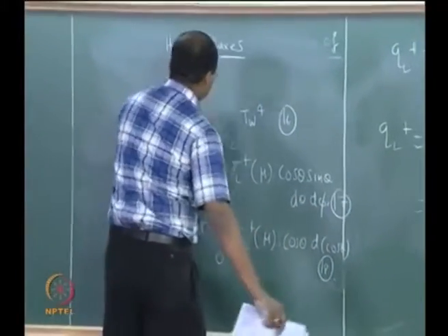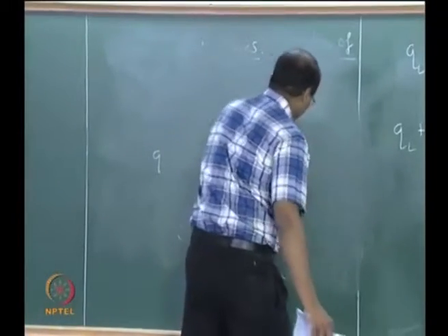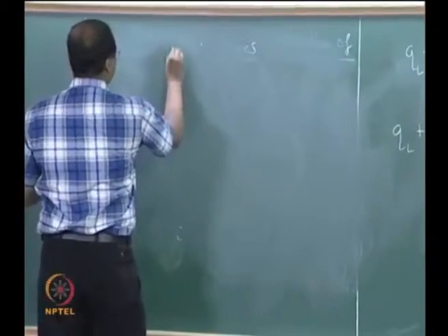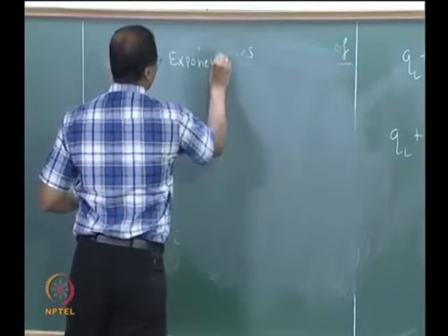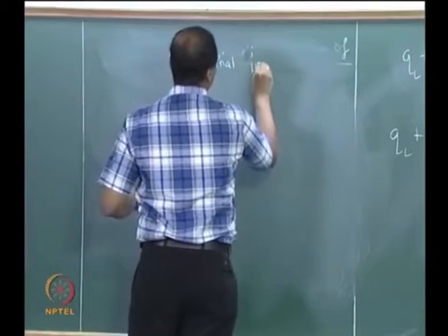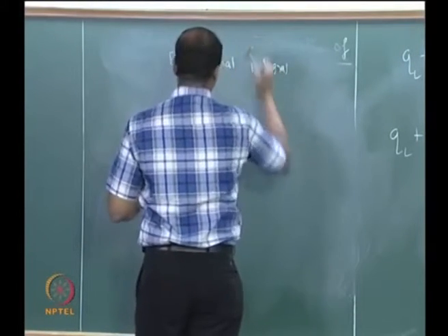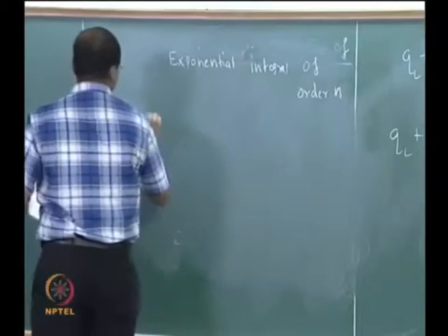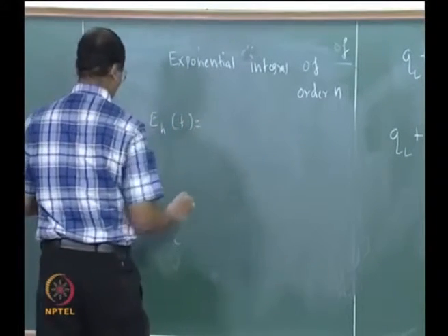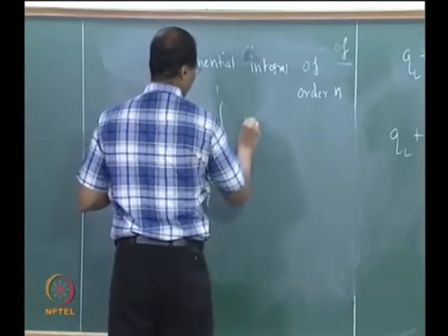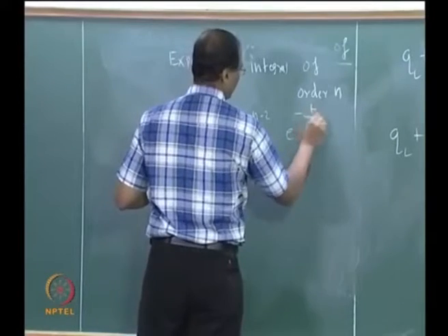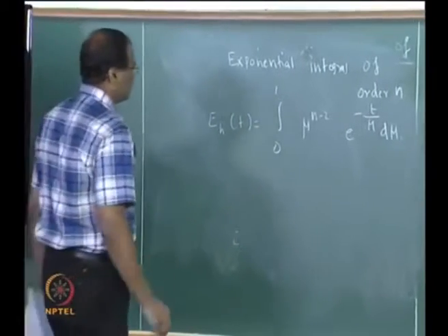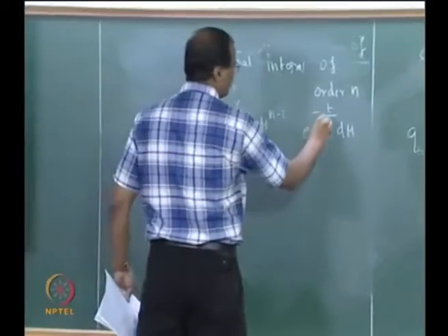So the general exponential integral is given like this: mu to the power of n minus 2 into e to the power of minus t by mu.